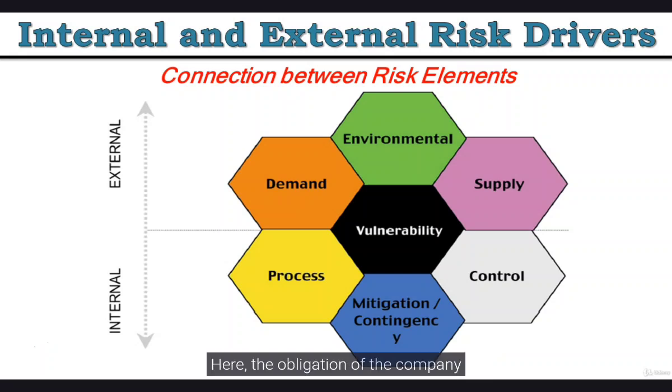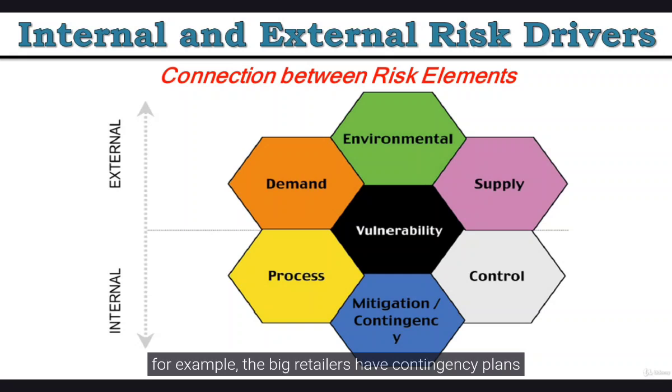Here the obligation on the company is to identify the impacts that could arise based on known hazards from the short term, for example exposure to power failure, through to severe business disruption due to strikes and natural disasters. Environmental risks are likely to impact on both supply and demand, and an attempt to identify such events should extend to these communities. Mitigation is less likely in this area than contingency.